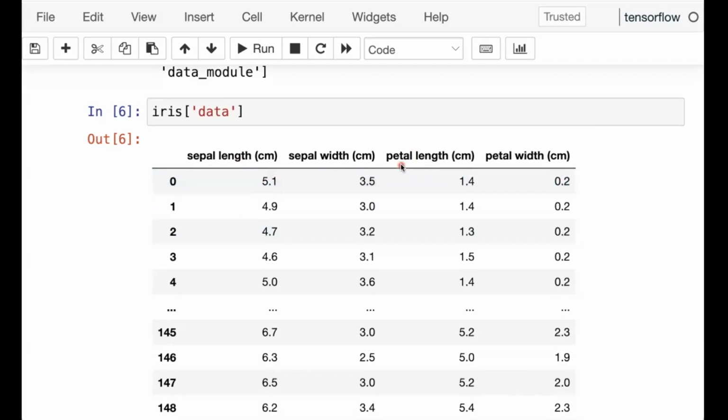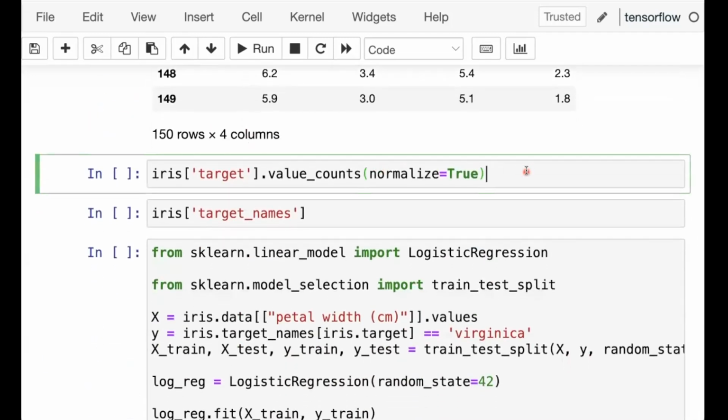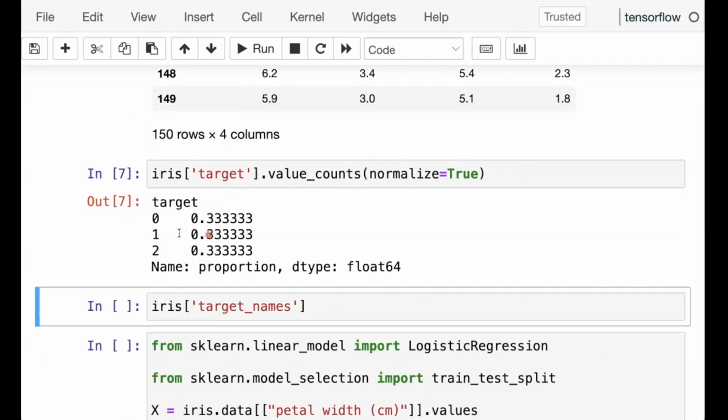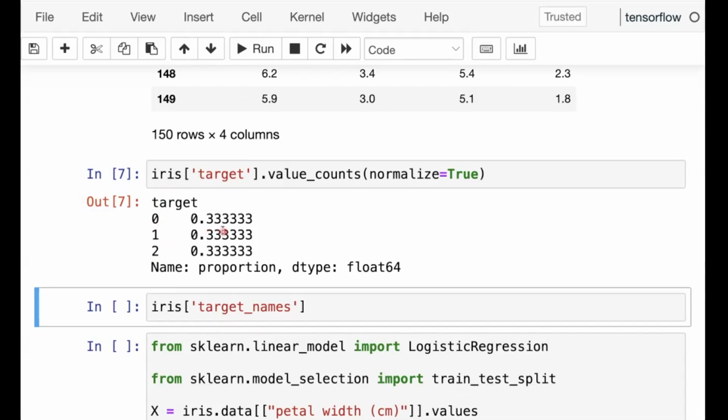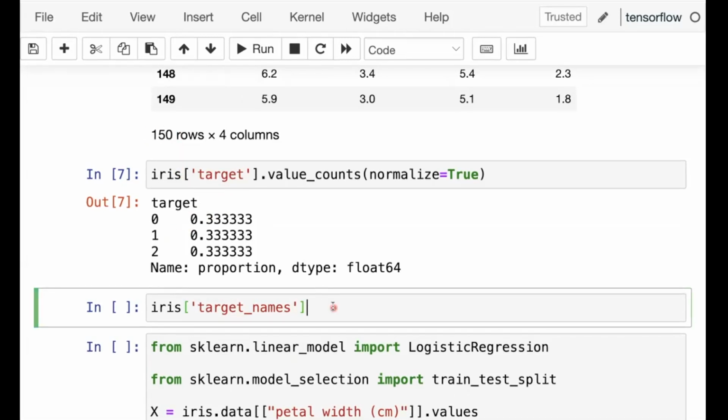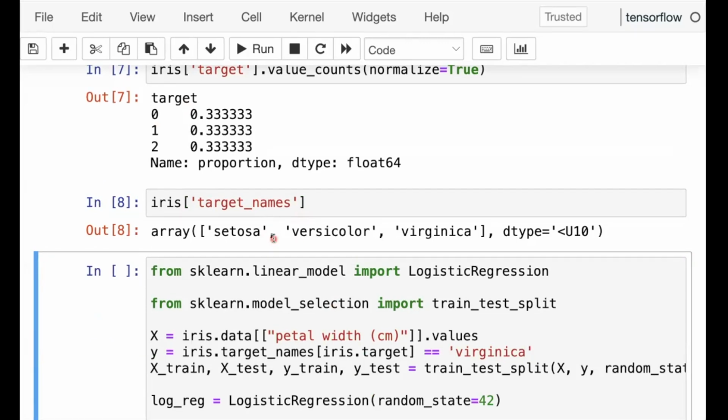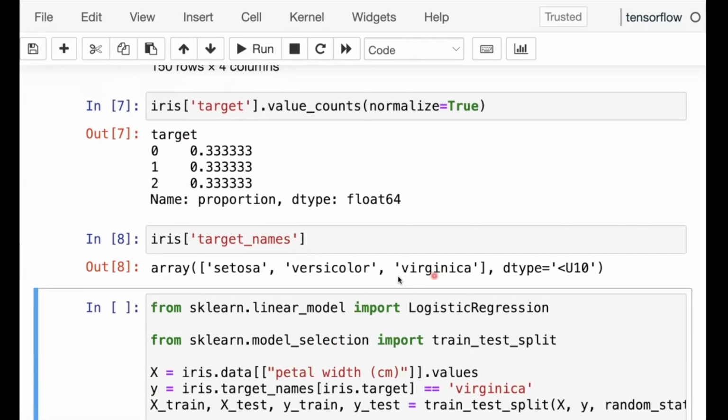So we have 4 features: sepal length and width, petal length and width. And then we have this iris target, where this is in fact by default a 3-class classification problem because we have 3 types or classes. And you can see we have 1/3 of the total data, 50 data points in each class. We also have the names of these 3 types or species here.